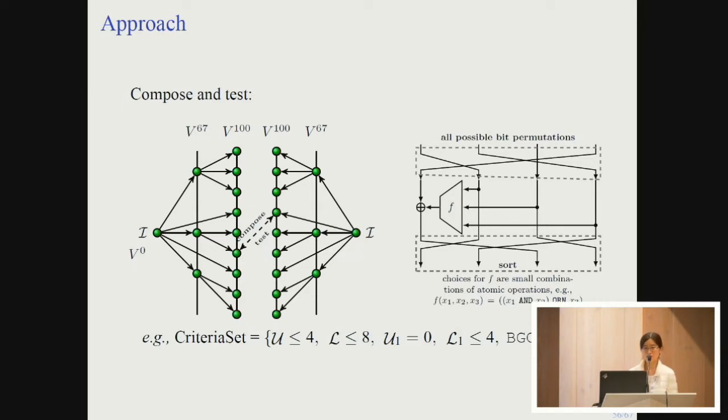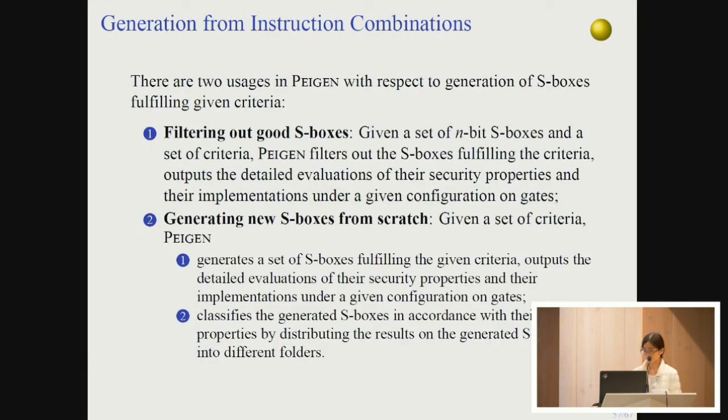It still uses the pre-computed graph and composes the nodes in the graph to get the composition function. And given a set of criteria, it checks whether the result fulfills such a set of criteria, and also uses the invertible small functions.